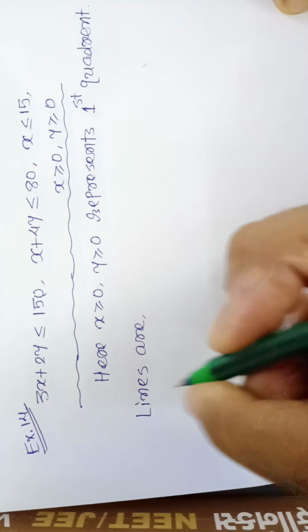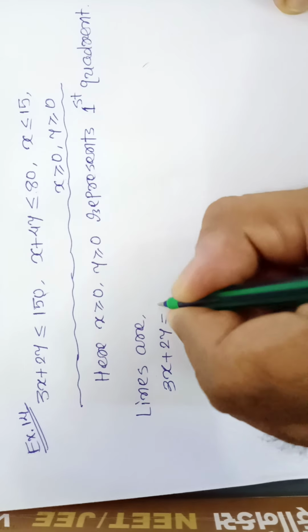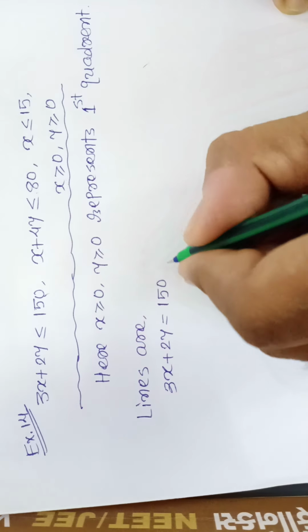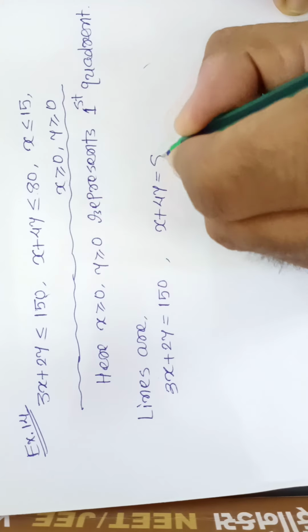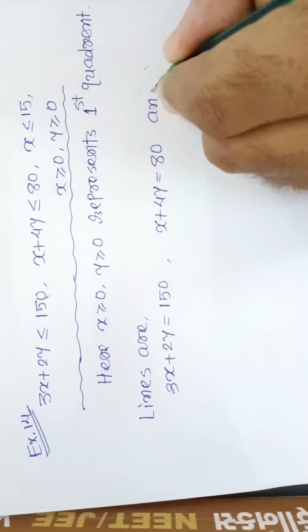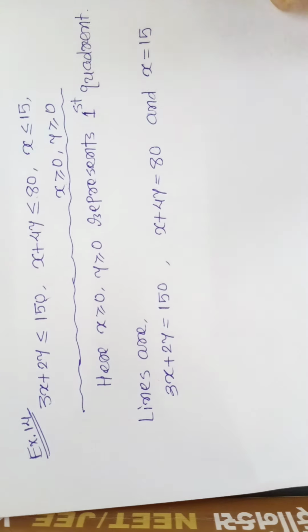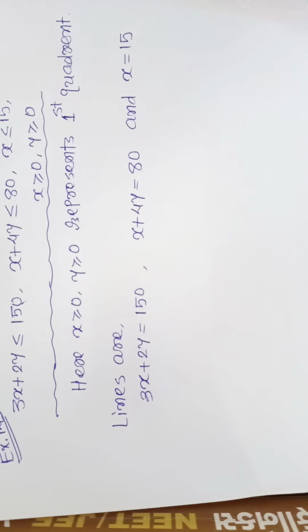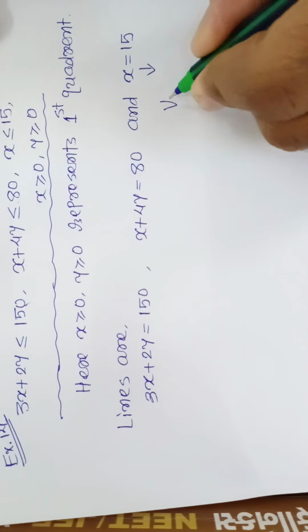The first line is 3x plus 2y is 150. After that x plus 4y is 80, and one more line is x equals 15. I think you know that x equals 15 is a vertical line, so no need to explain it here. This is a vertical line.